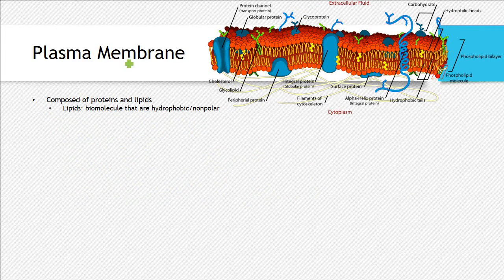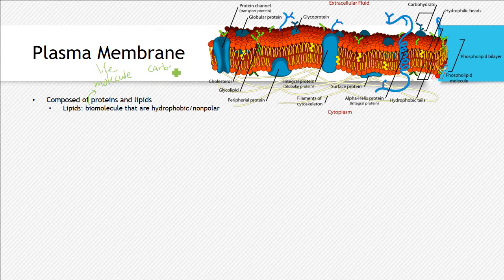Like I said earlier, the plasma membrane is composed of these proteins and lipids. A lipid is a biomolecule, and what a biomolecule is are these molecules that make up life, or life molecules. And there's 4 types of biomolecules that you'll need to learn within this entire semester.